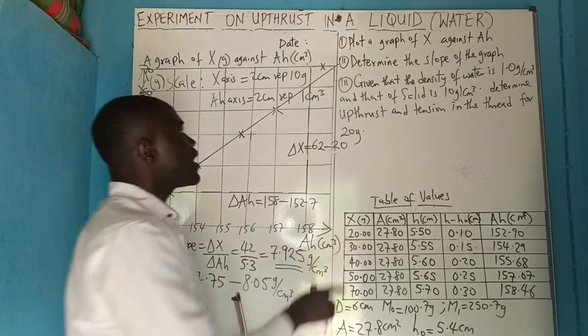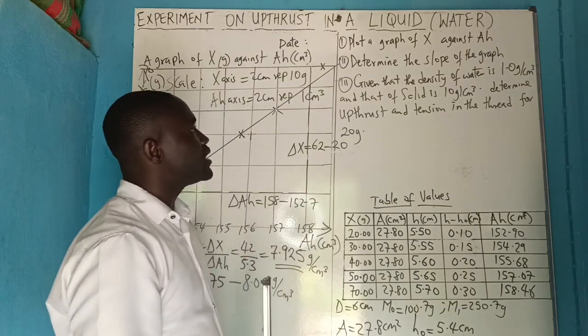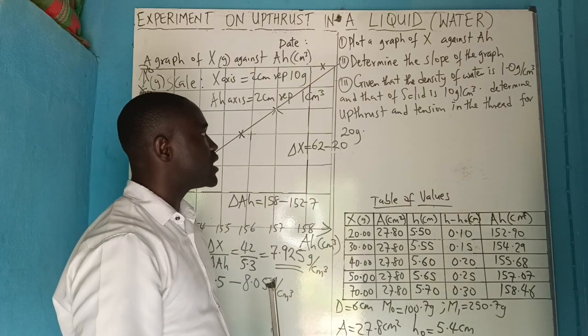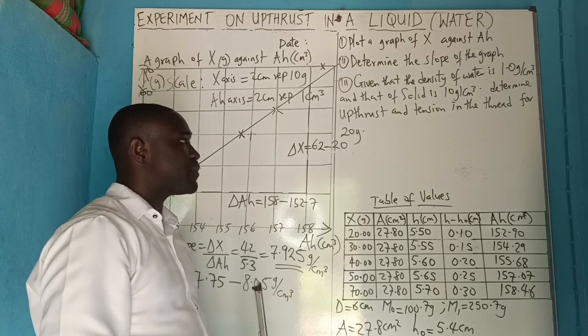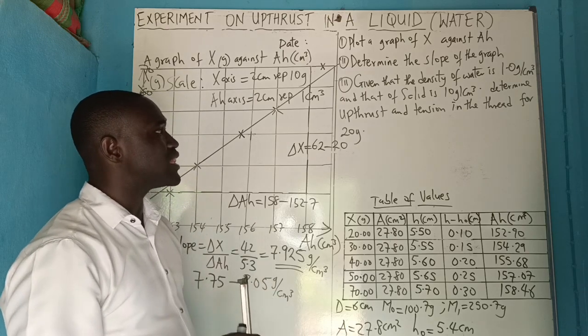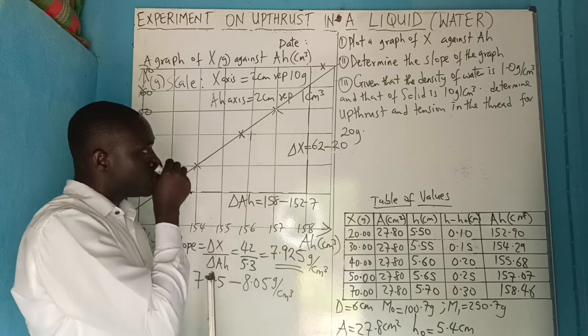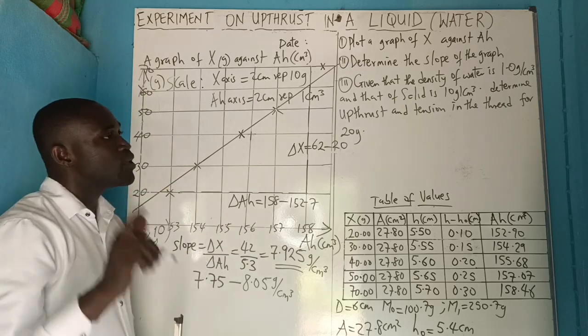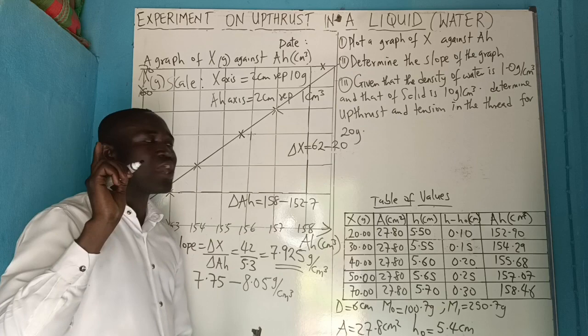Now look at the question. Determine, given that the density of water is 1 gram per cm cube and that of solid is 10 gram per cm cube, the upthrust and tension in the thread for 20 gram. Now, there is a formula you need to note.